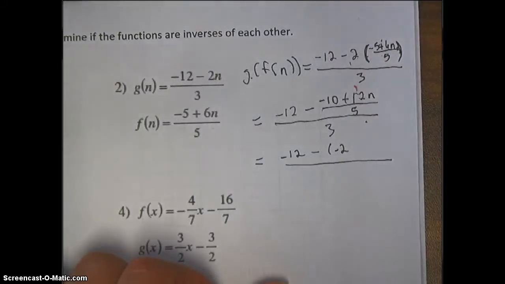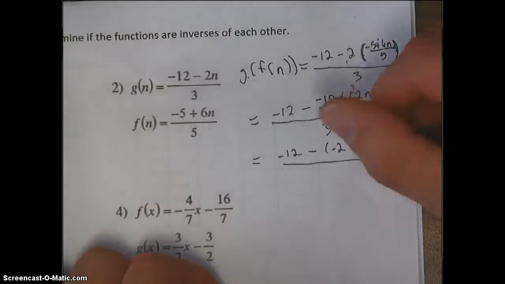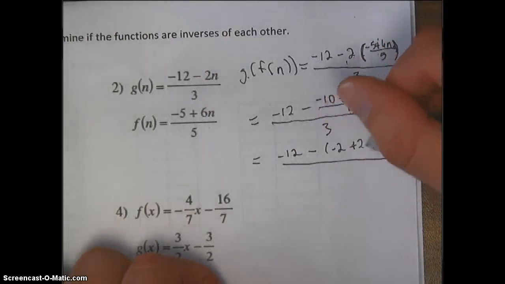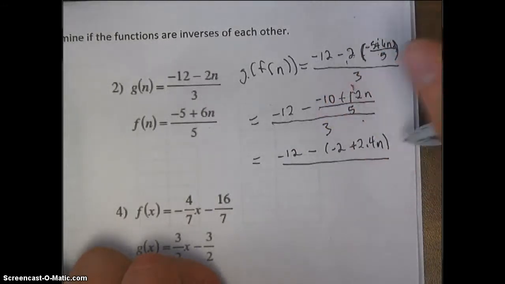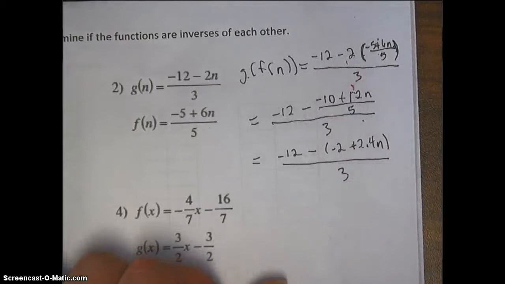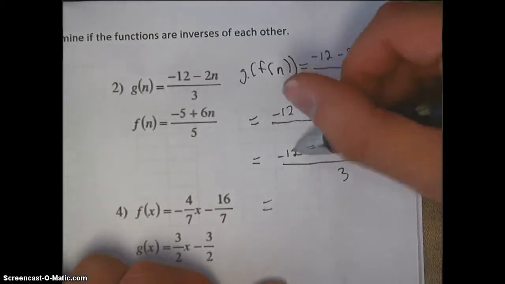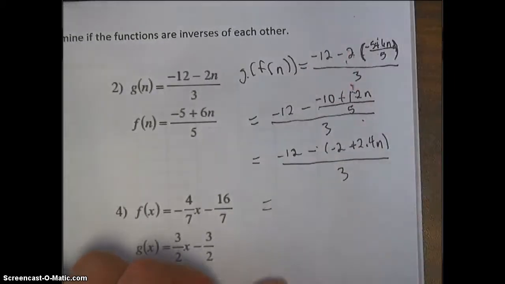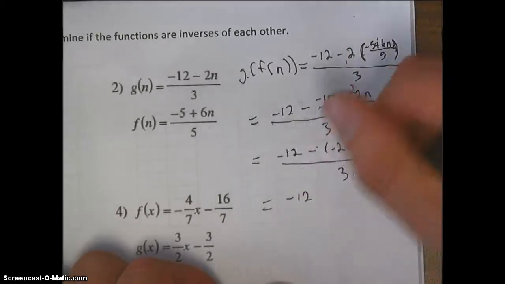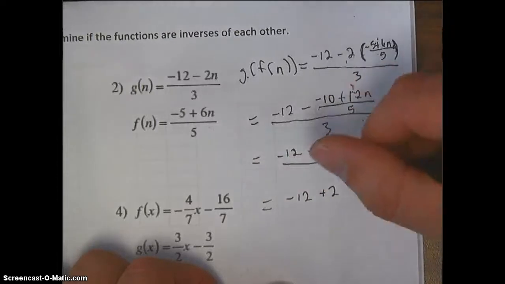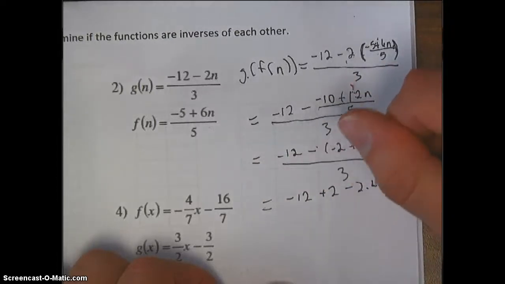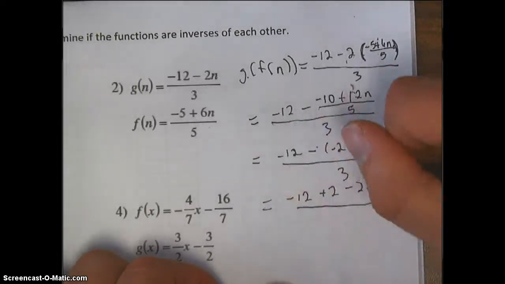So 12 divided by 5, that's going to be 2.4, so plus 2.4n all over 3. All right, we're almost there. Now, negative 12, and distribute the minus sign now. Negative 12 plus 2 minus 2.4n all over 3.